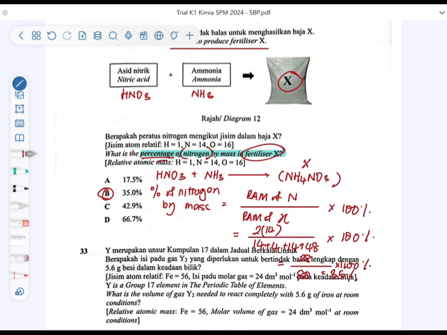When we want to solve this kind of question, it's actually very easy. You just get the whole formula of the chemical compound that you want to test, and then for the upper part you list down the mass of the element that you want, and lastly you times 100%, and then you will get the answer.